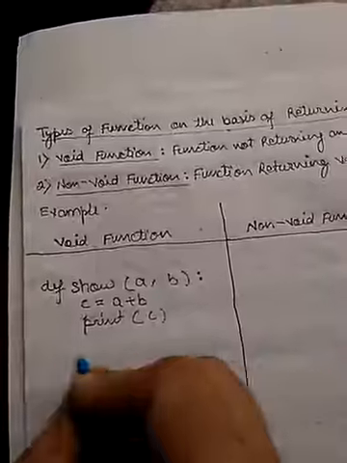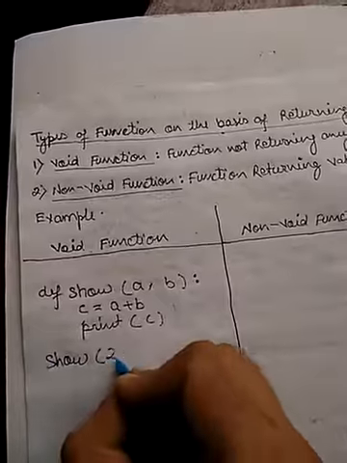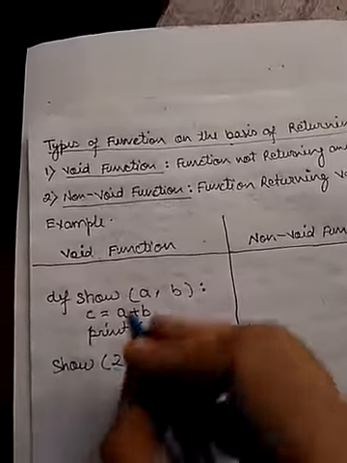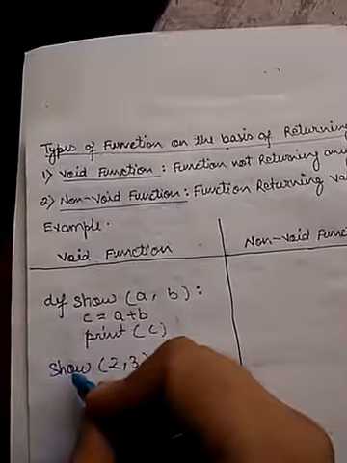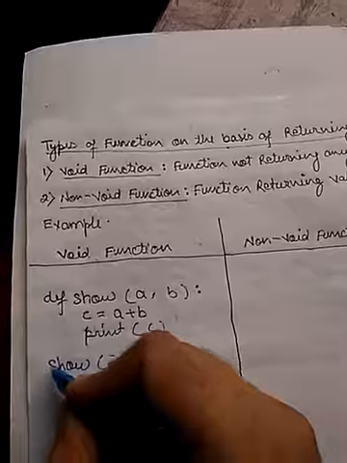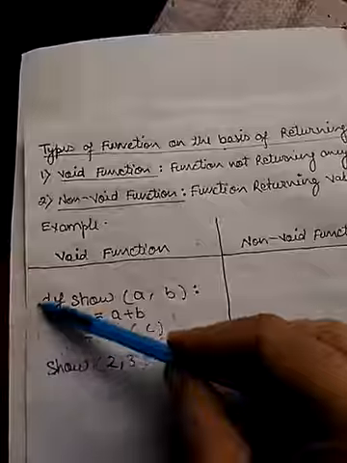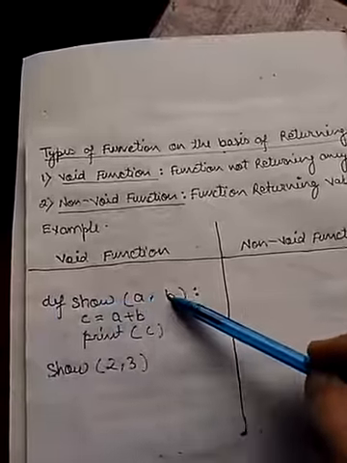I want to call this function show with 2, 3. 2 will be assigned to A and 3 will be assigned to B. As soon as the function is called, the interpreter moves to the header of the function. Here it will assign 2 and here 3.